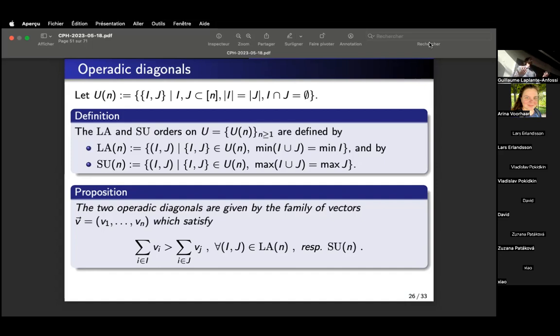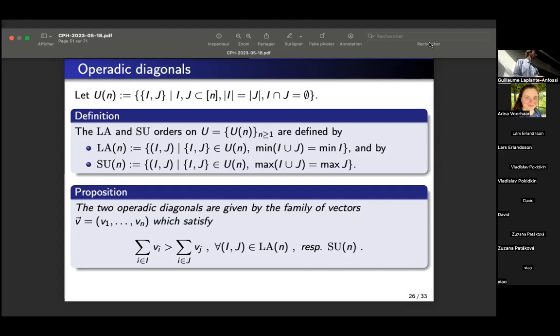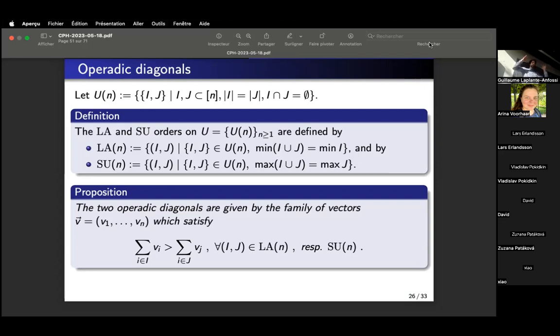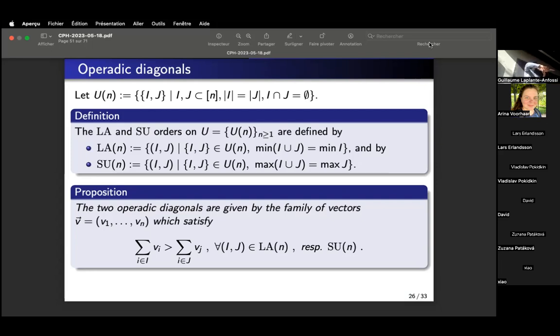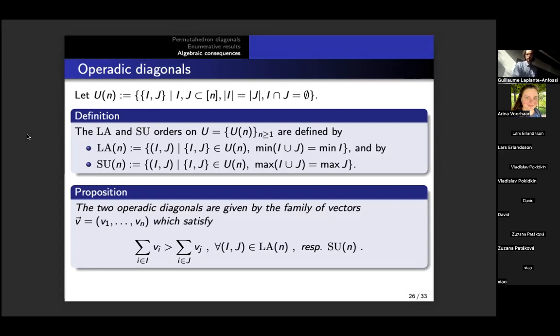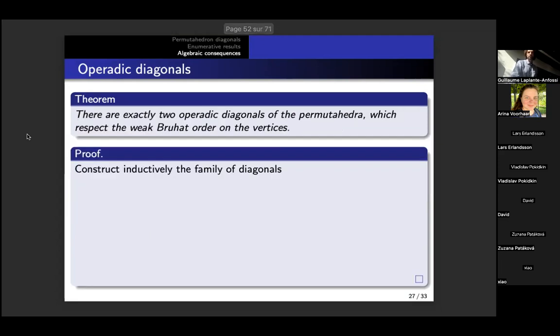And this in both cases. So if you look at the braid arrangement and you take a vector that has strictly decreasing coordinates, it induces the weak Bruhat order on the one skeleton of the permutahedron. So these are the two operatic diagonals.